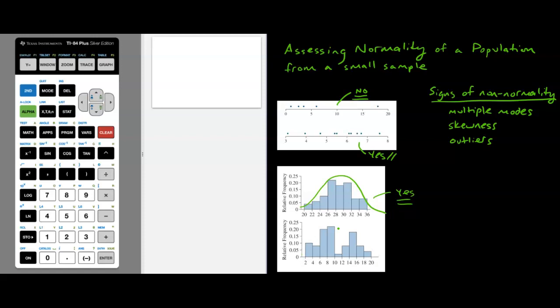Now, when you look at this bottom one, we would most likely say, no, this is not coming from an approximately normal population, because a normal population would produce sample values that would most likely peak in the middle.